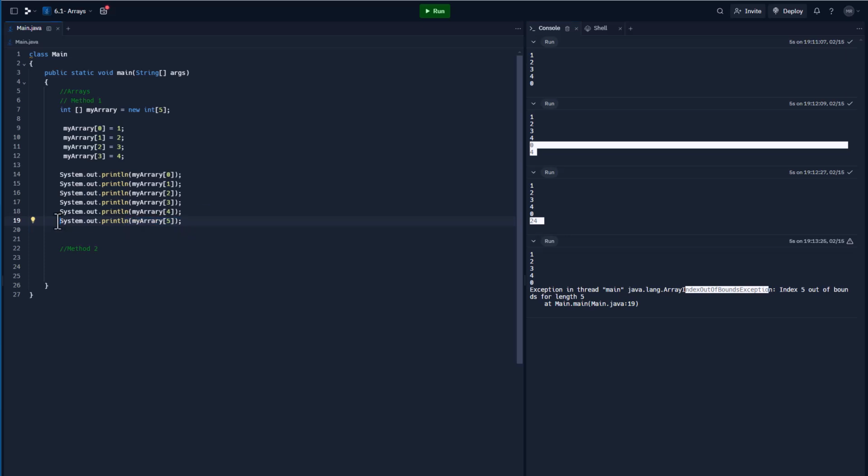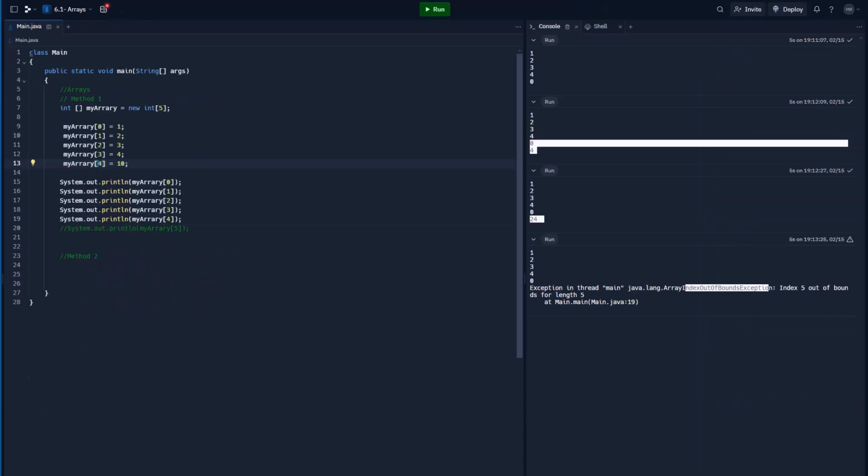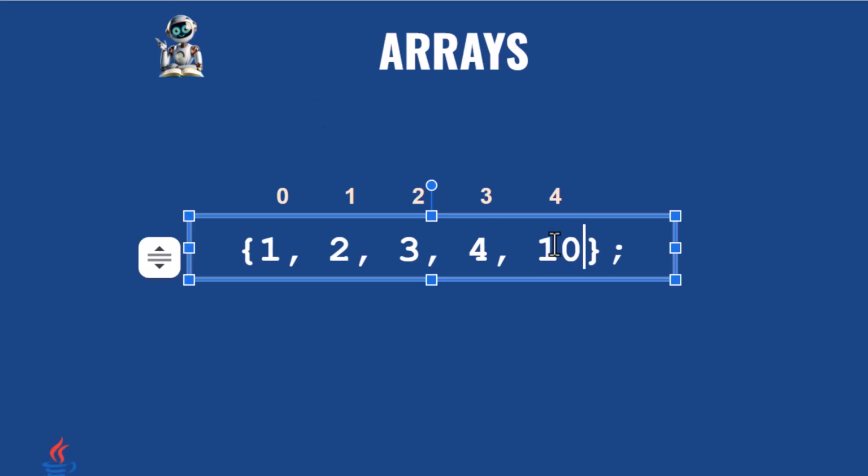I could also get rid of that, and I could say my array, and I'm going to do the 4th position. I'm going to set it equal to 10. Okay, so this would be correct because there's actually 5 values, so this would be the equivalent of making this 10.